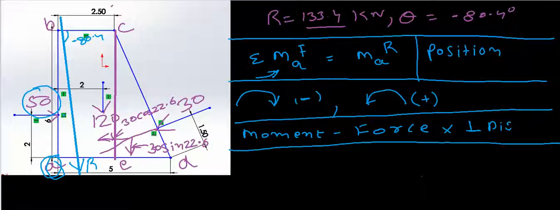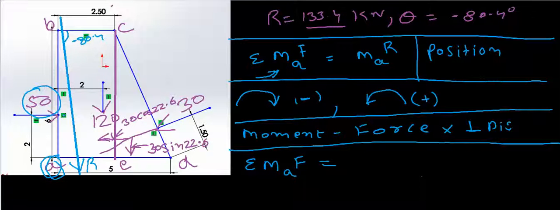My point is A. Now let's start with the first force, which is 50 kilonewtons. We'll write the equation: the summation of the moments about the point A of all the forces is equal to, starting with the first force, 50 kilonewtons.